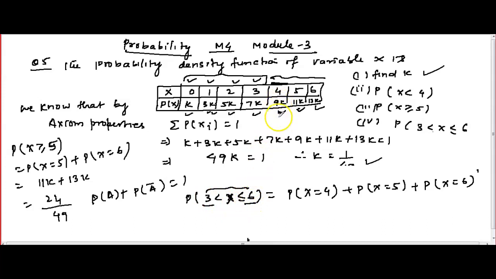So greater than 3 is 4, 5 and 6. 3 we have not included because the equal to sign is not given, and 6 is included because x is equal to 6 is given.